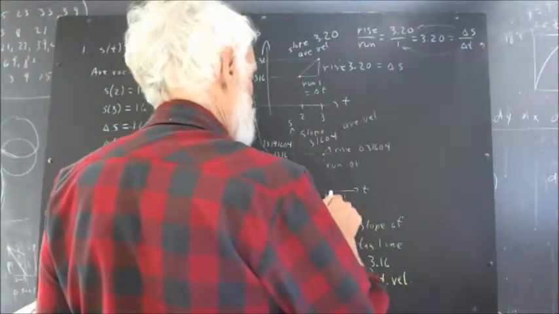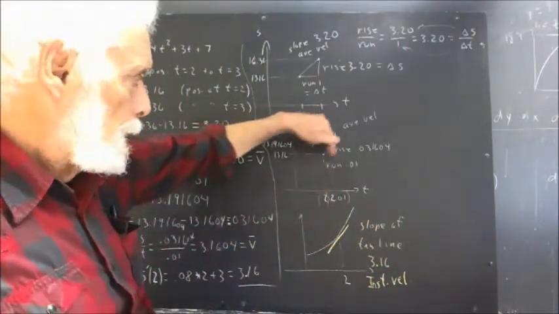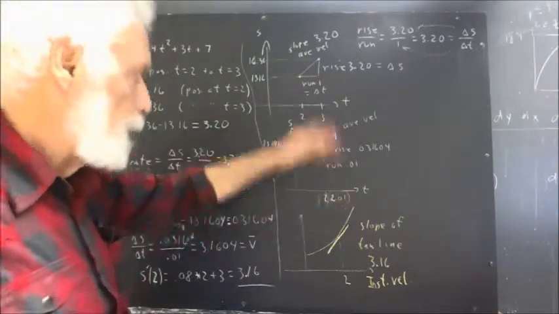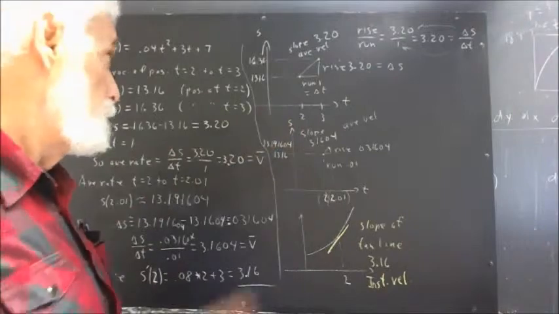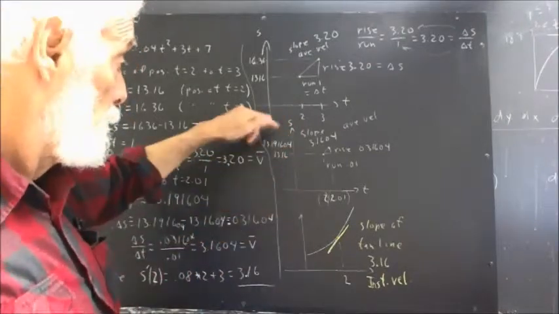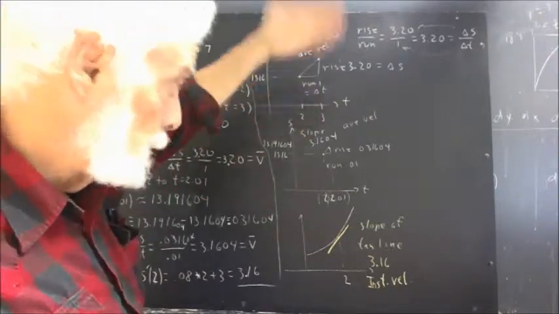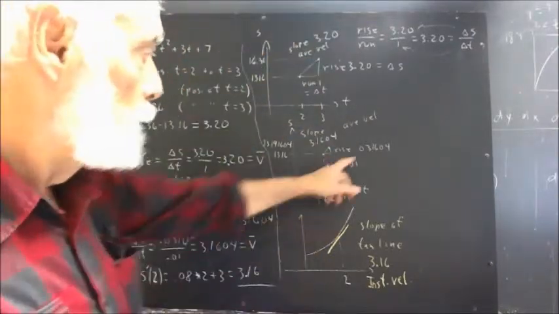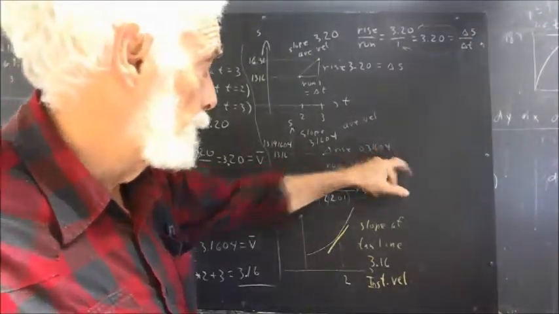Evaluating the function, we get the corresponding values of the position on the vertical axis, 13.16 and 13.191604, and we get a rise of the difference of these two, 0.031604.